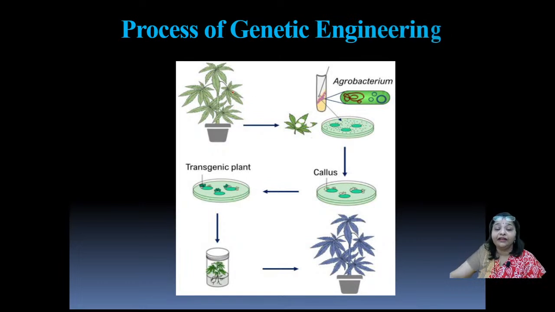This is not tissue culture, this is genetic engineering, where we use certain microorganisms as experimental vectors to help transfer the genetic material from one cell to the other, and other parts of the plant or of the culturing explants which are being cultured.